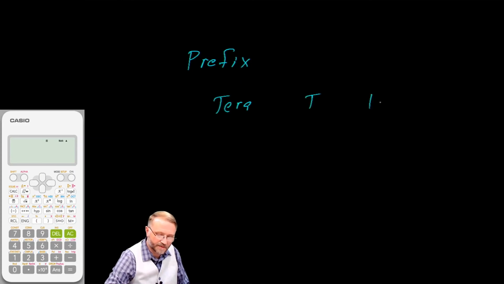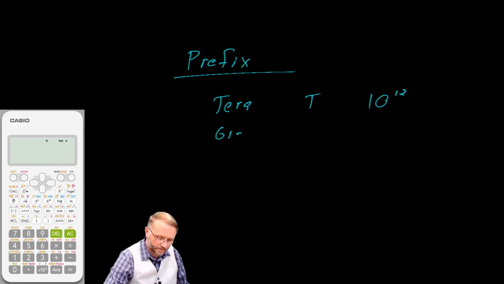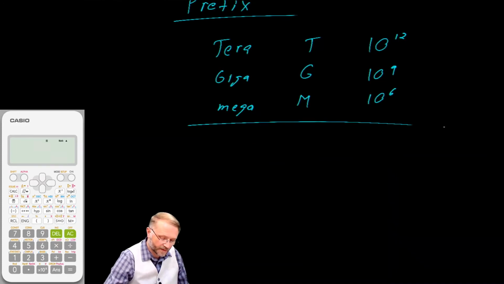There's a whole pile of prefixes that you should commit to memory. For example, tera, capital T, 10 to the 12th, giga, mega, so capital G, capital M, 10 to the 9th, 10 to the 6th. Kilo is a K. Then there's unit itself.